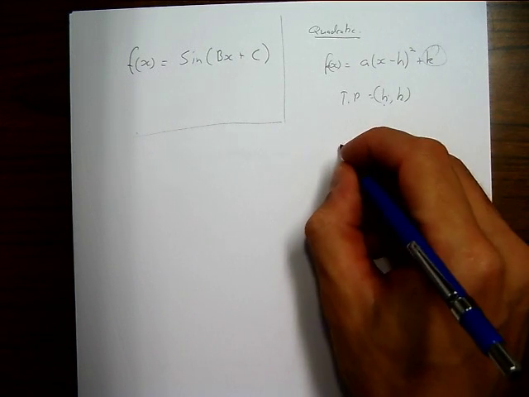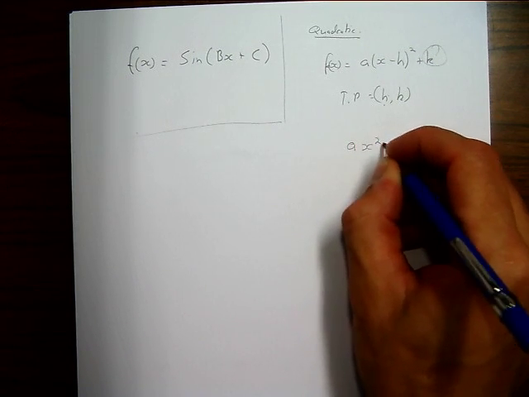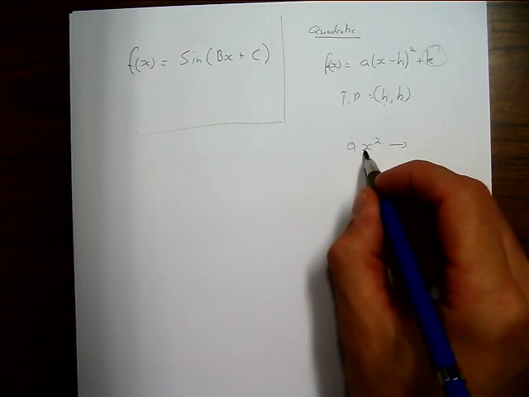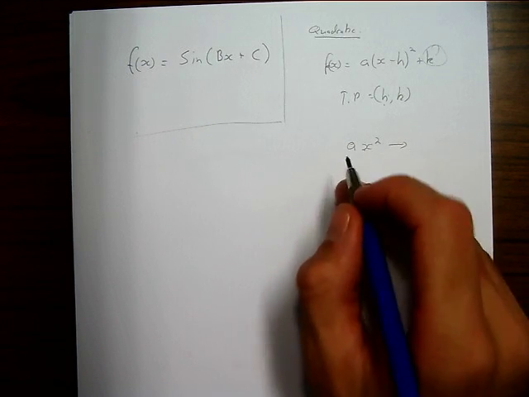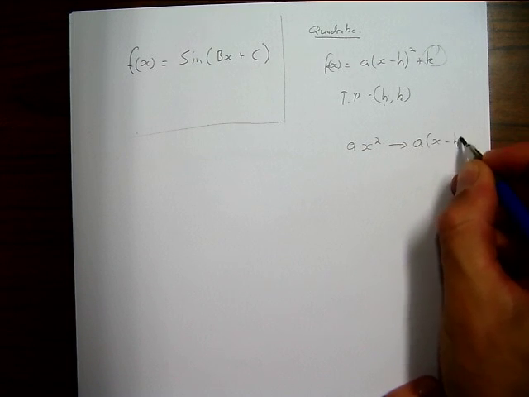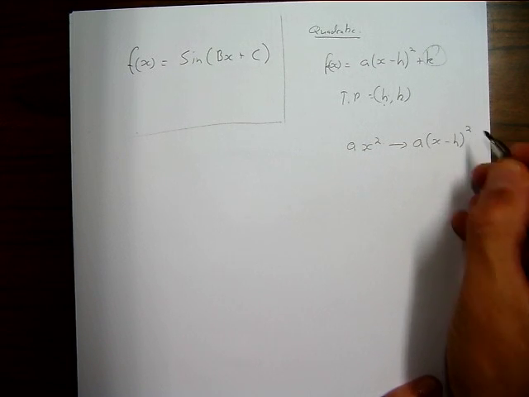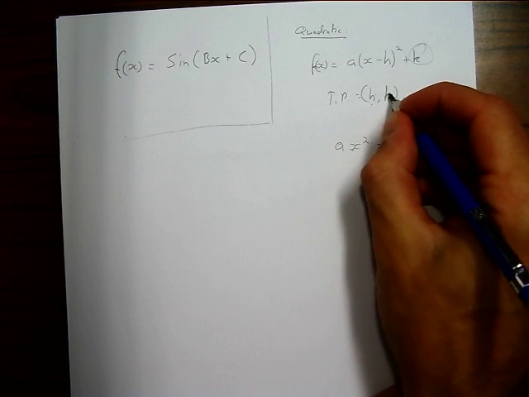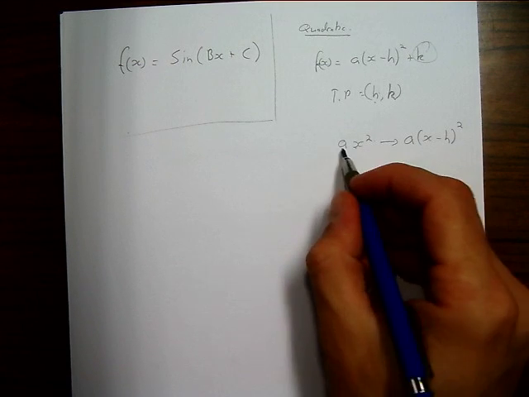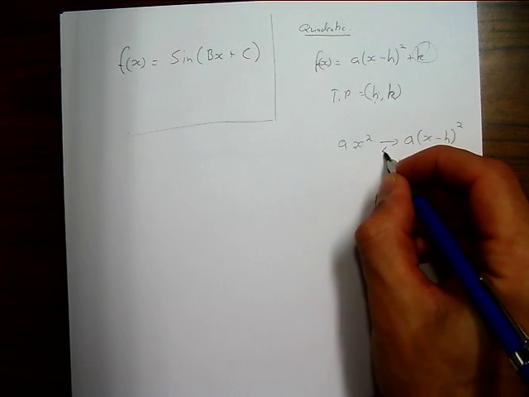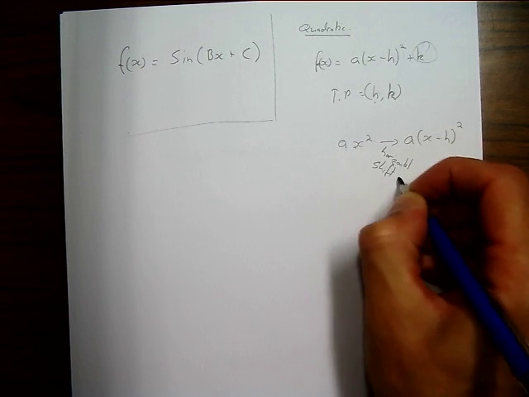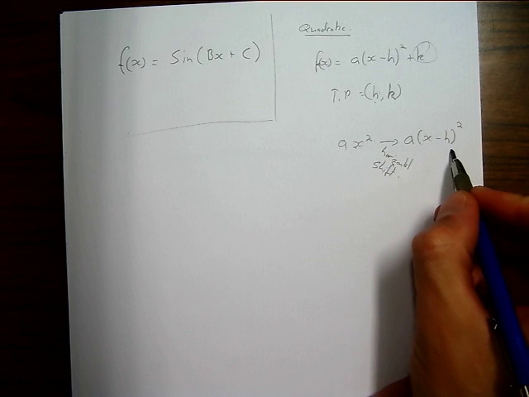So if we had ax squared and wanted to shift it horizontally, we replace just the x variable with something else. We're replacing just the x value.